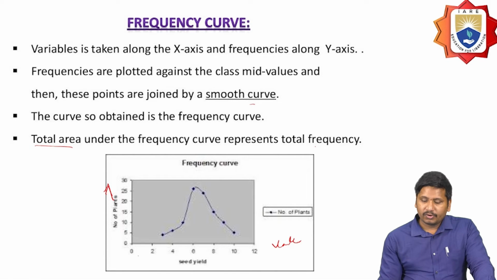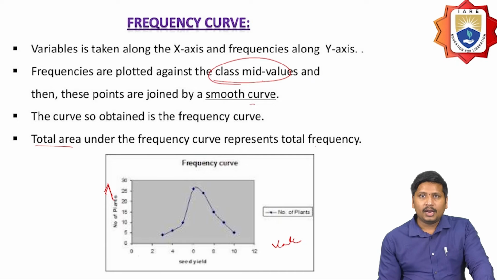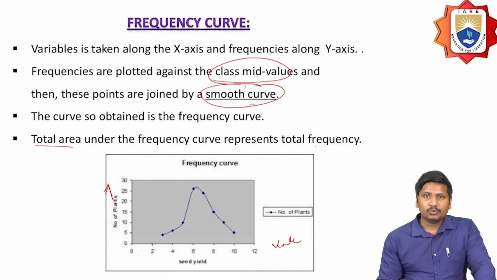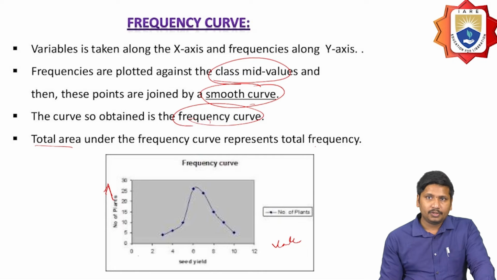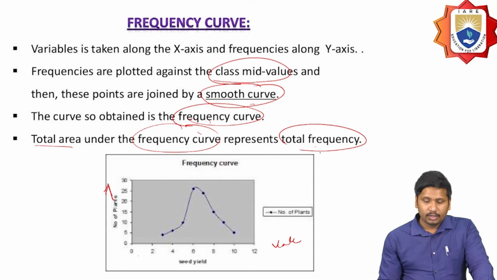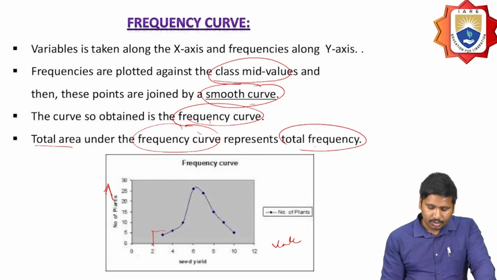Then the frequencies are plotted against the class middle values, and these points are joined by a smooth curve. The curve obtained should be a smooth curve only, and the total area under the frequency curve represents the total frequency. Like this I can construct the frequency curve.